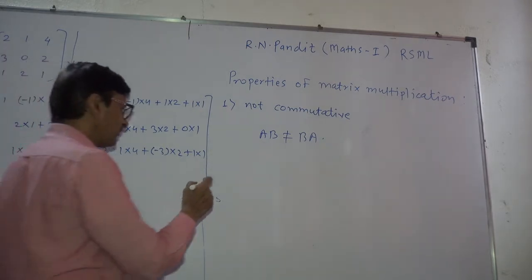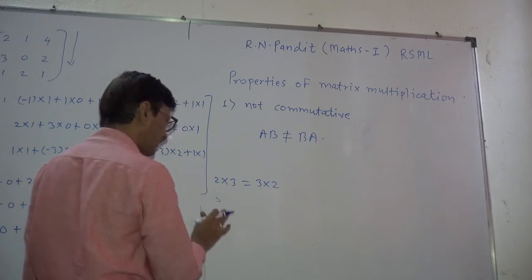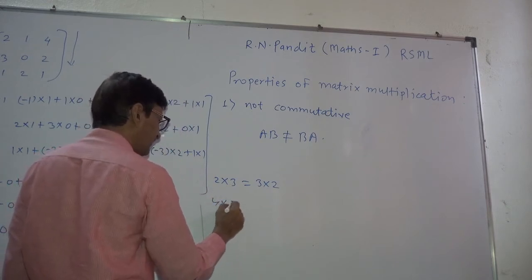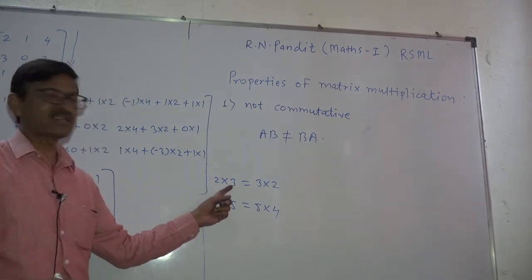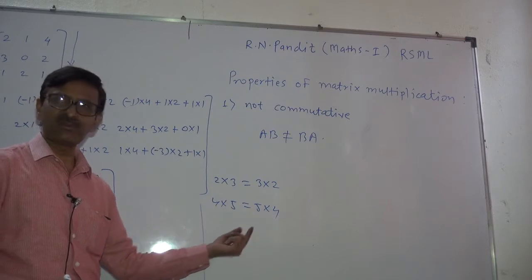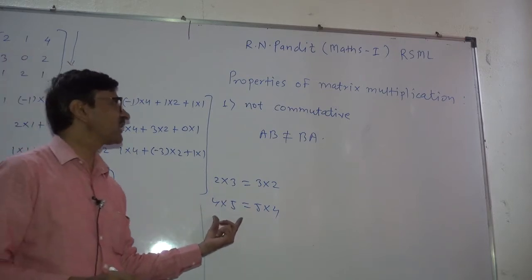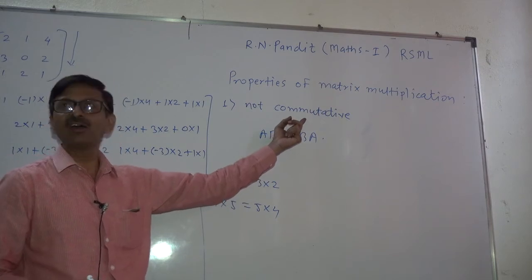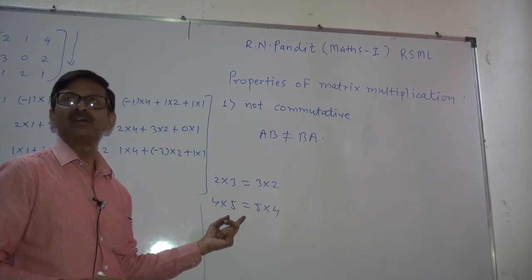In case of real numbers, we see that 2 multiplied by 3 is same as 3 multiplied by 2. 4 multiplied by 5 is same as 5 multiplied by 4. 2 3s are 6, 3 2s are 6, 4 5s are 20, 5 4s are 20. So in case of set of real numbers, multiplication is satisfying the commutative law.